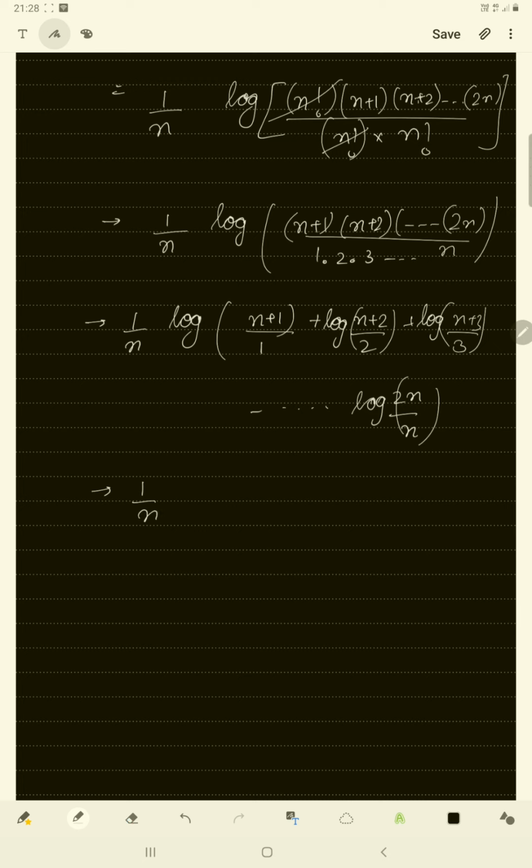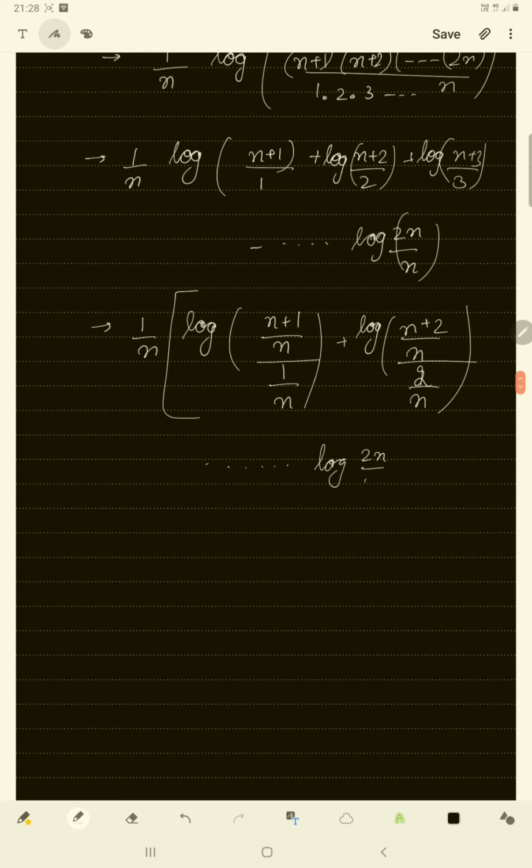We divide both the numerator and the denominator by n, and we do it for all the terms, upon 2 by n, and this continues till we get to log 2n by n upon n by n.